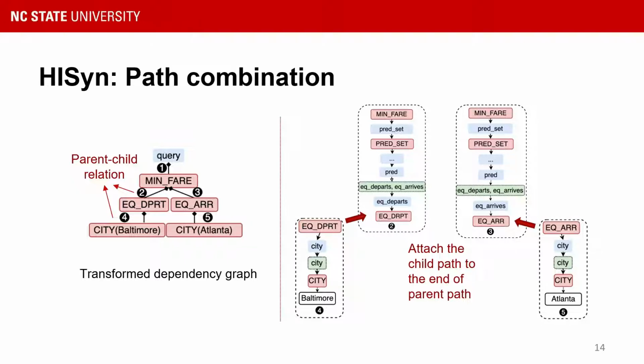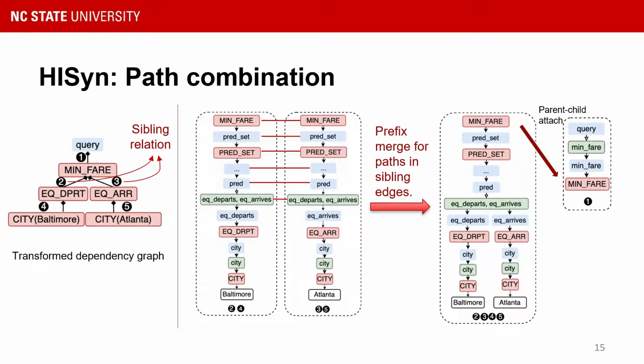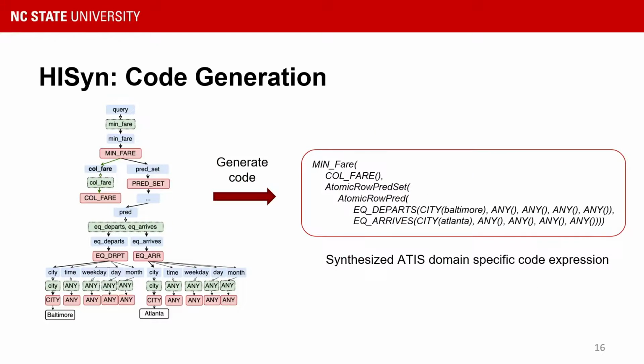In some cases, there will be overlap in the siblings, in which case we simply merge these overlapping prefixes when necessary, as shown in the example here. The result of this is the graph shown on the left, which is translated directly into the final output code shown on the right.